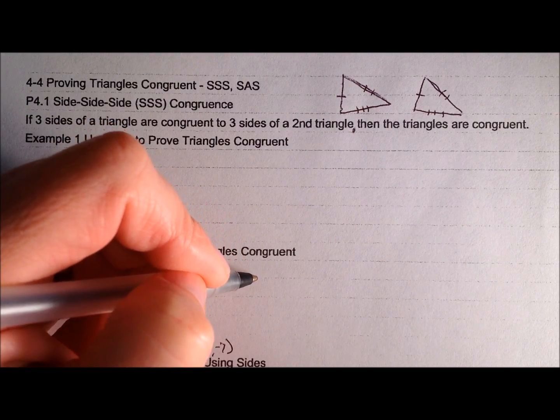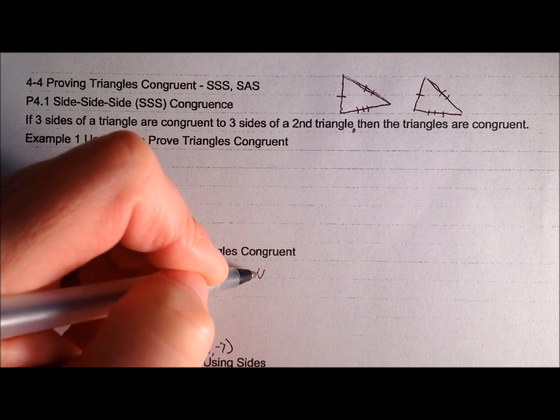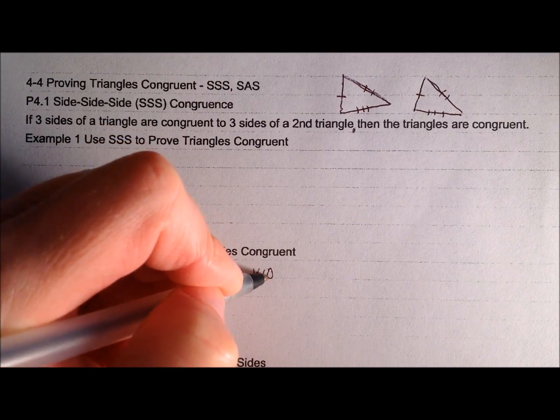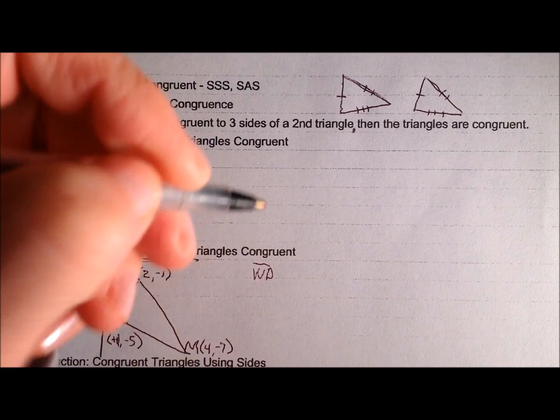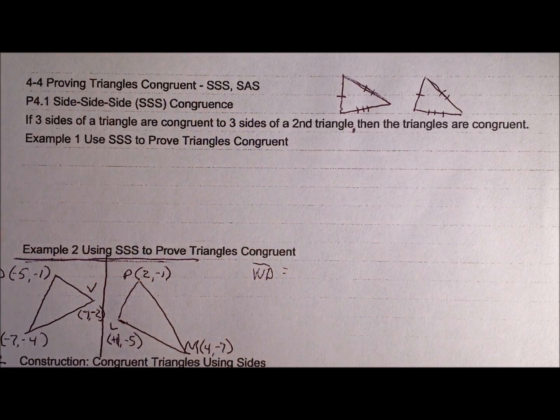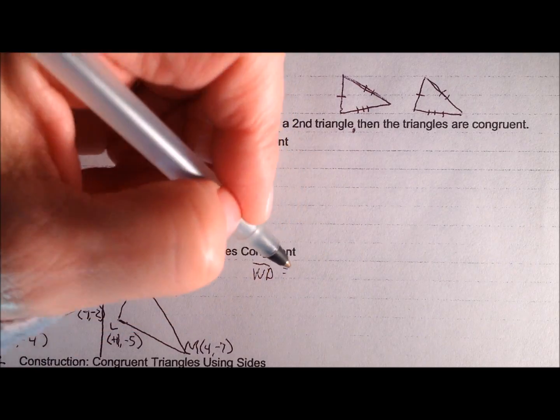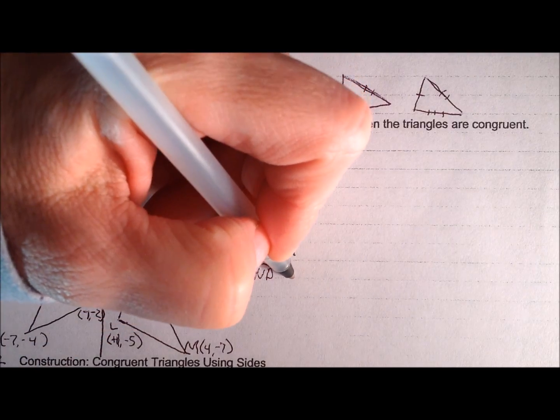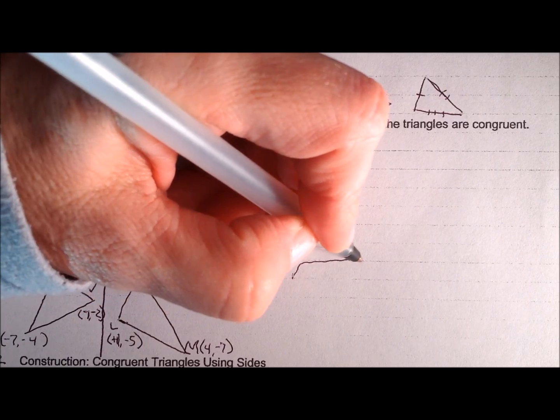So the first side we are going to find the length of is WD, and for that we have the points -7, -4, and -5, -1.